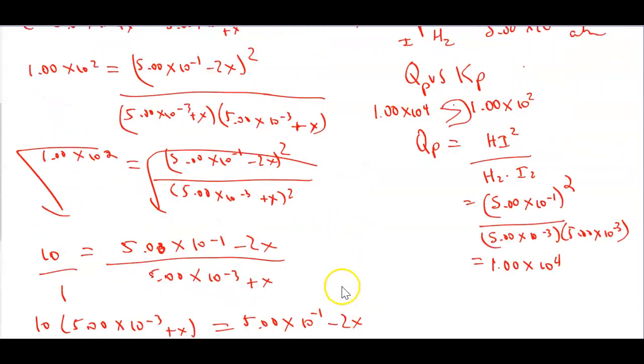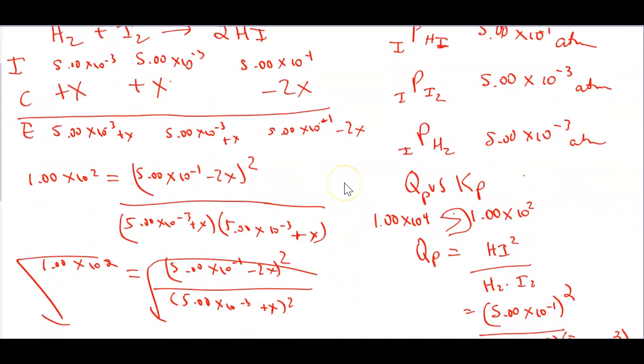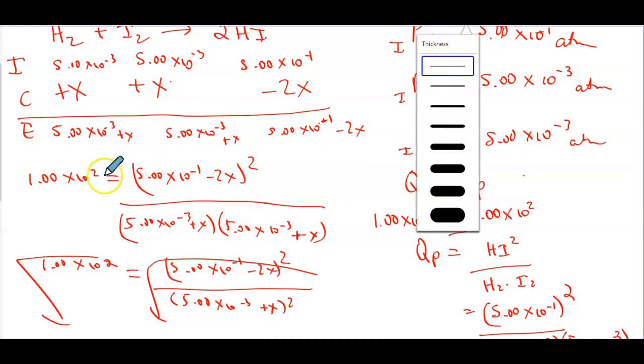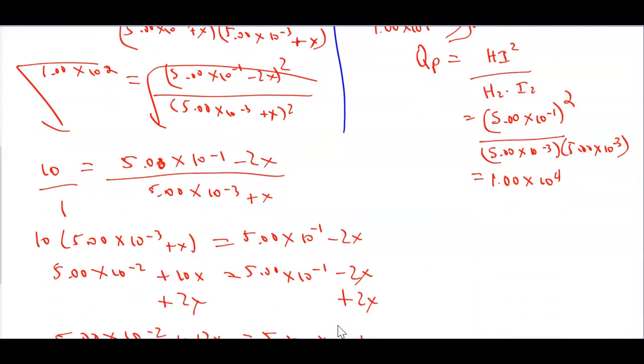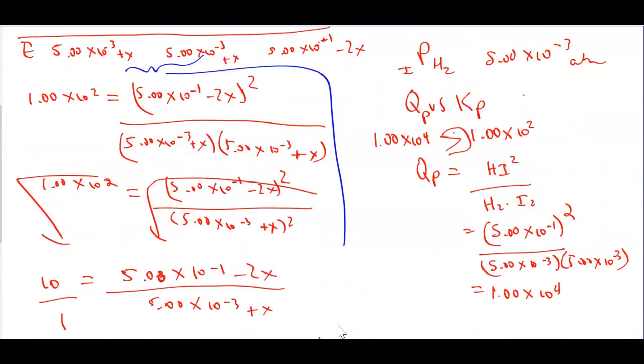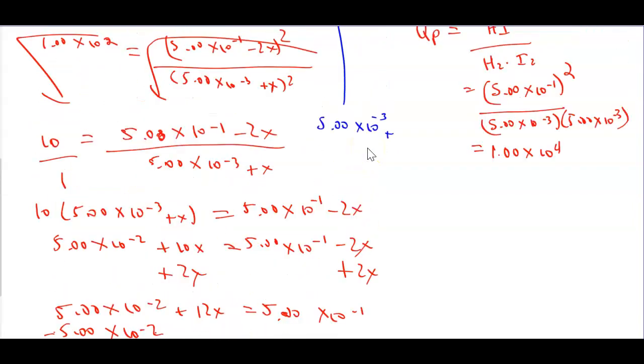Let's look and see what this question asked us for. It asked us for the equilibrium pressure, so we're going to have to plug that into here. And I will change colors for purpose of seeing things clearly, so that both of these two are going to be calculated by 5.00 times 10 to the negative third plus 3.75 times 10 to the negative second.